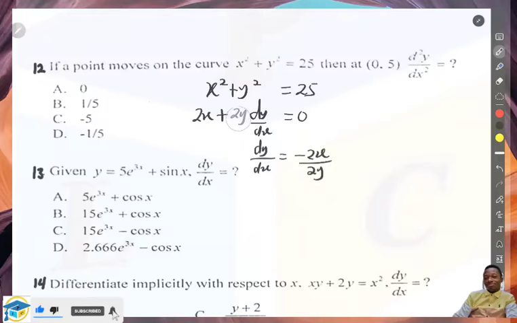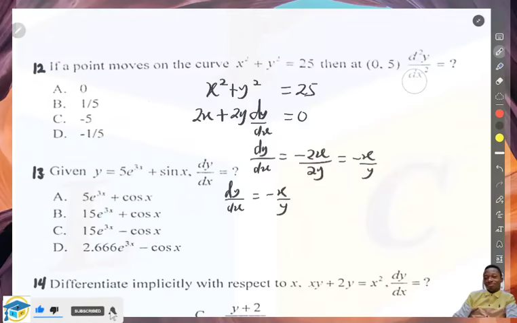Once I get that, I divide both sides by 2y and I get negative 2x over 2y. The 2 can cancel the 2, so that should be negative x over y. So I know that my dy over dx is equal to negative x over y.